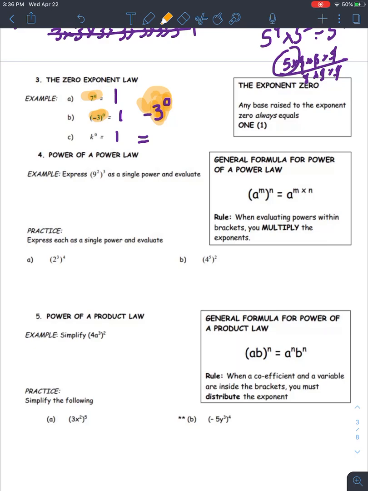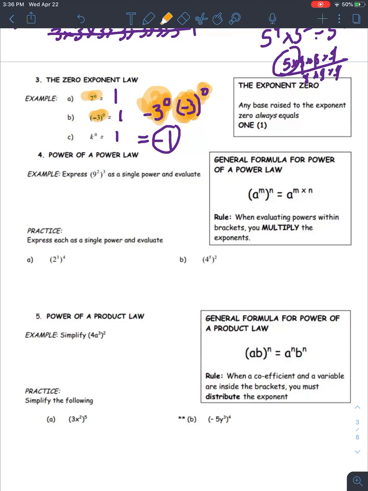So this would actually be equal to negative of 3 to the power of 0, which is 1, negative 1. But when you have negative 3 in brackets to the power of 0, now this 0 is acting on this negative 3, because the whole thing is put together, like it's kind of one package. You package it up with those brackets, and so that is being raised to the 0, which equals 1.